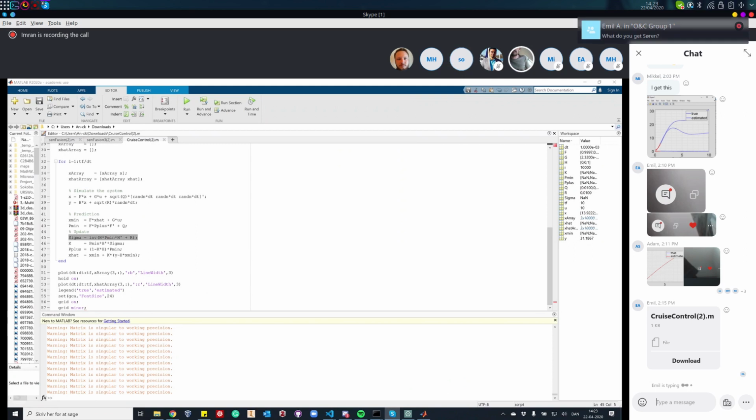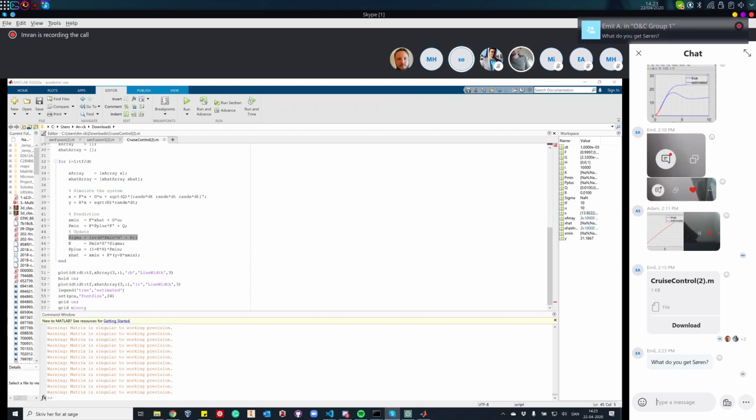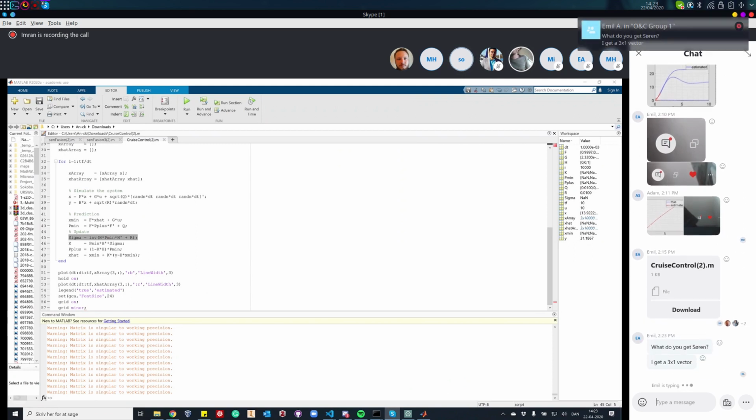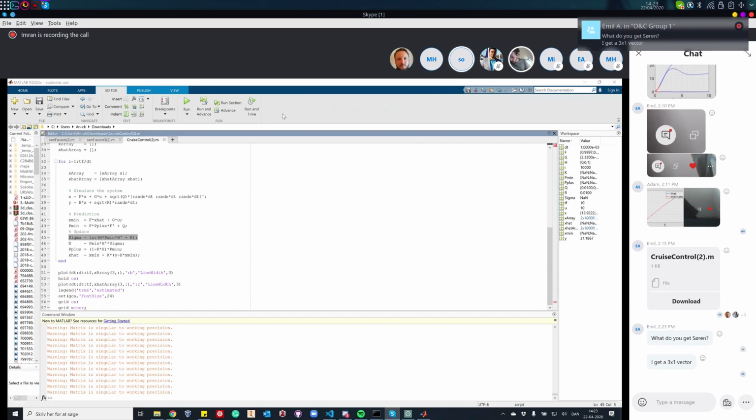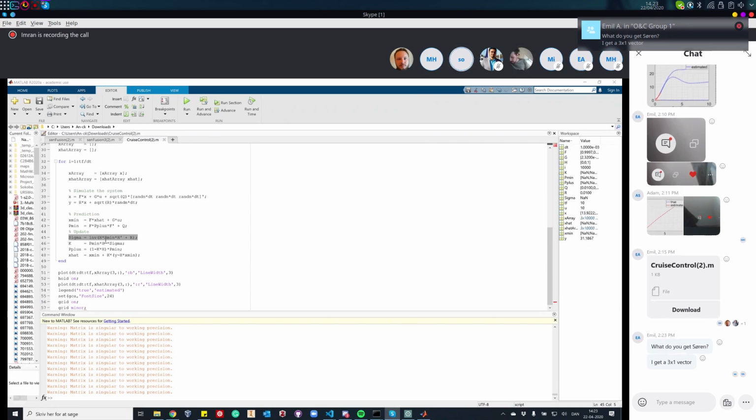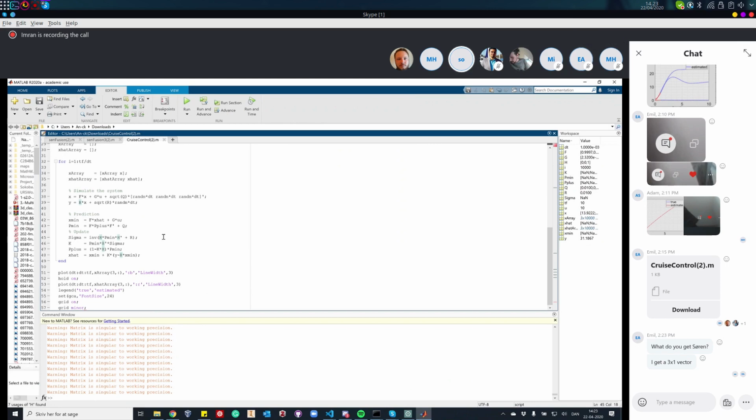Interesting. Give me a sec. I have sigma that is just 1 by 1. But how do you get that when sigma is the inverse of H times P min times H transpose, which is a scalar, plus R, but R it's... Oh, maybe it's because I have R as a matrix.